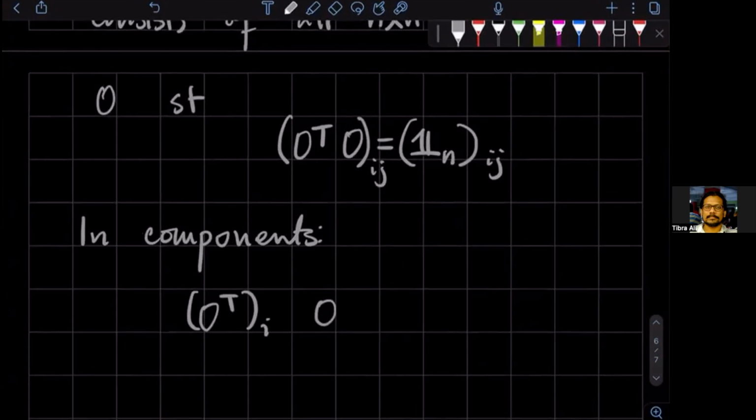We are doing matrix multiplication, so there'll be k here and k here, and i and j. And that's equal to delta ij. So k is a repeated index, and therefore it is summed over by the Einstein summation convention. Are people comfortable with the Einstein summation convention at this point?